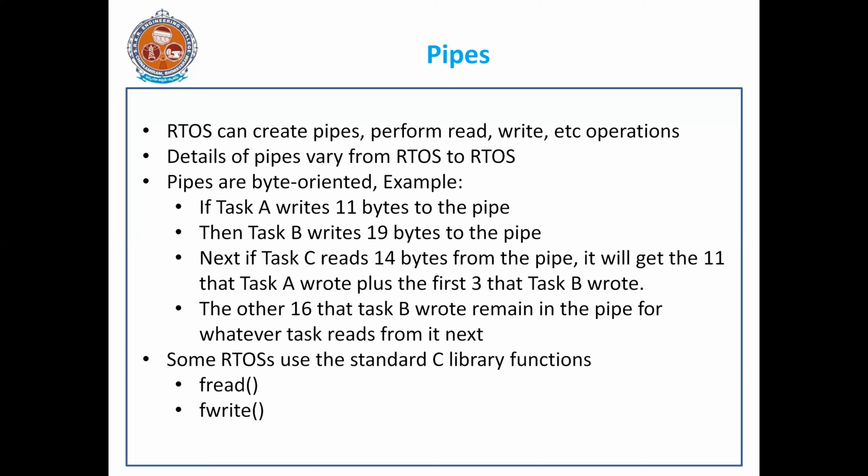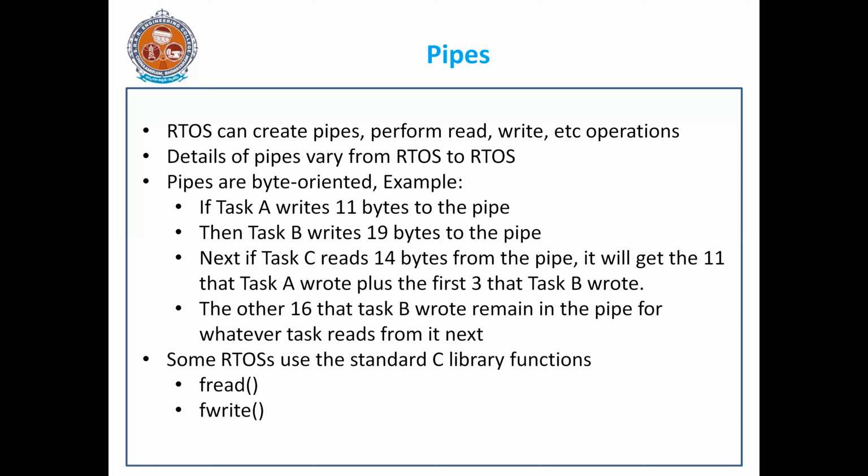What is meant by byte oriented is that you can write messages of varying lengths onto the pipes, which is not possible in mailboxes and queues, because the message lengths are fixed in the case of queues and mailboxes. But in the case of pipes, you can write messages of varying lengths.